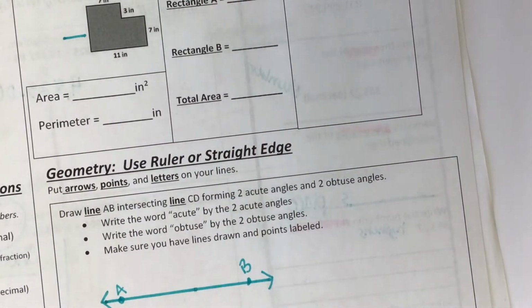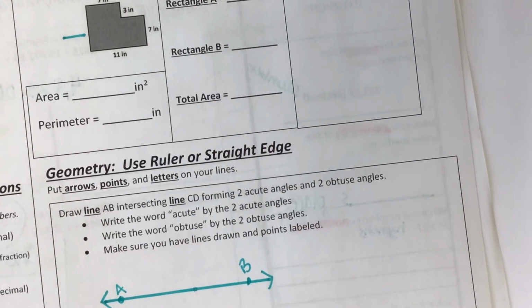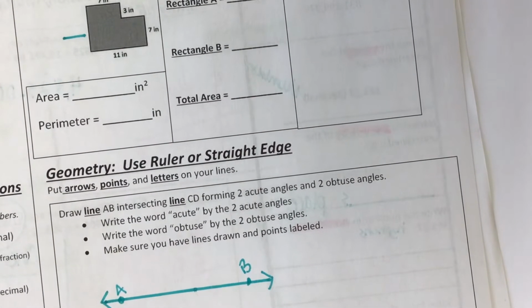What does it mean, intersecting? What does that word mean? Bella? To cross each other. They need to cross each other. Now, the definition of perpendicular lines is that they cross each other and they make 4 right angles.